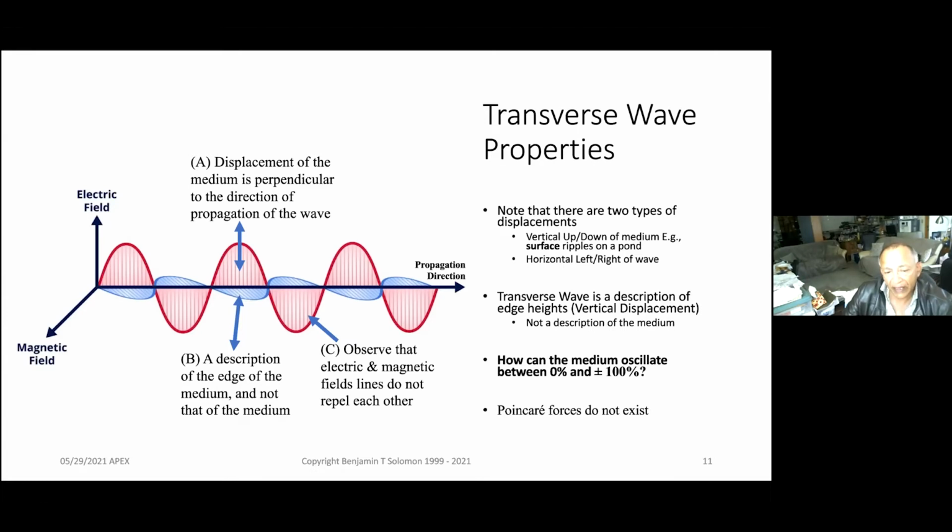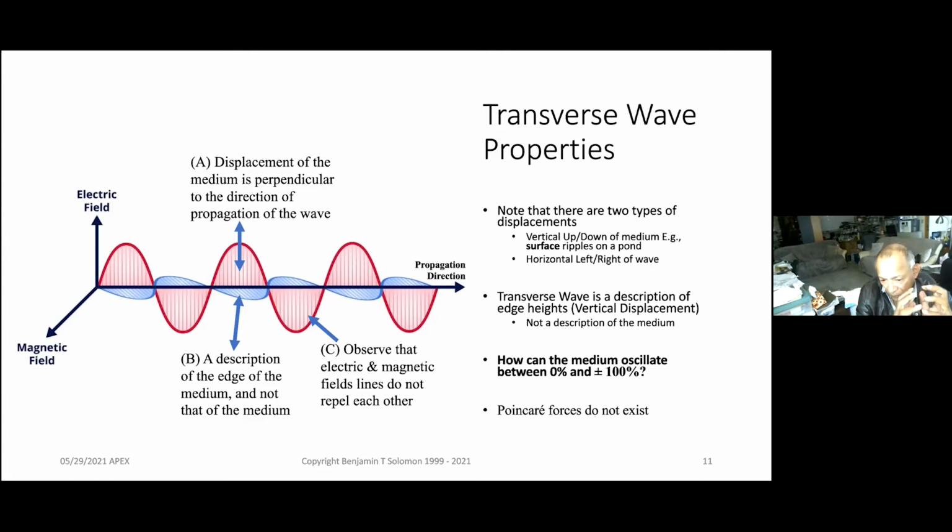So there is the next slide. I'll explain how to get around that, how to resolve that. But the point is that if the field lines don't repel, that means Poincare forces do not exist. If you have an electron, you have these electric field lines coming out, and current theory says that there's repulsion between any two field lines, and therefore on the surface of the electron, there are enormous forces.